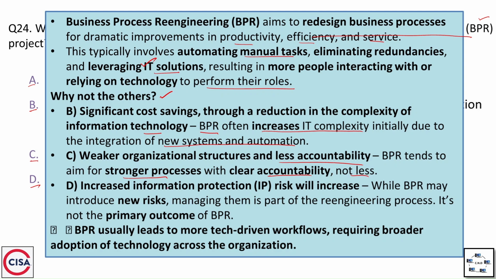And option D, increased information protection risk will increase. So while BPR may introduce new risks, managing them is part of the re-engineering process. It's not the primary outcome of BPR. So BPR usually leads to more tech-driven workflow requiring broader adoption of technology across the organization.